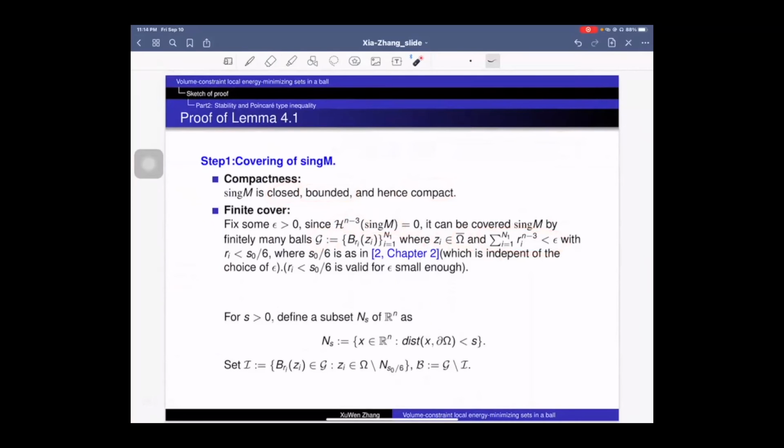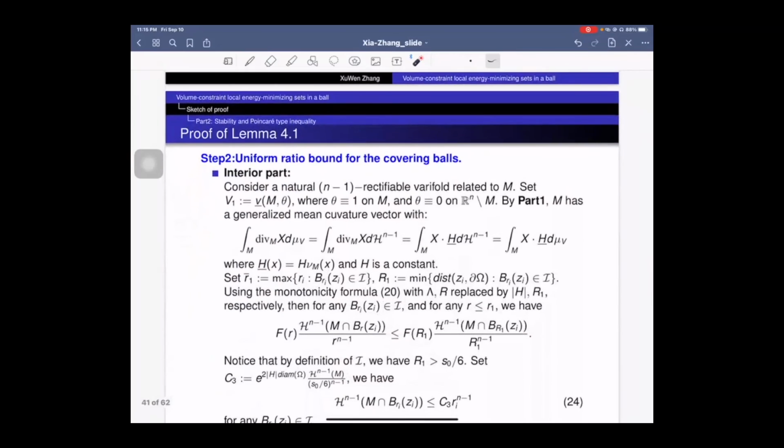And we define a subset N epsilon in the Euclidean space as the epsilon neighborhood of partial omega. Now we divide this covering into the interior balls, which have a strict distance to the boundary, and the boundary balls, the collection of these balls minus the interior balls.